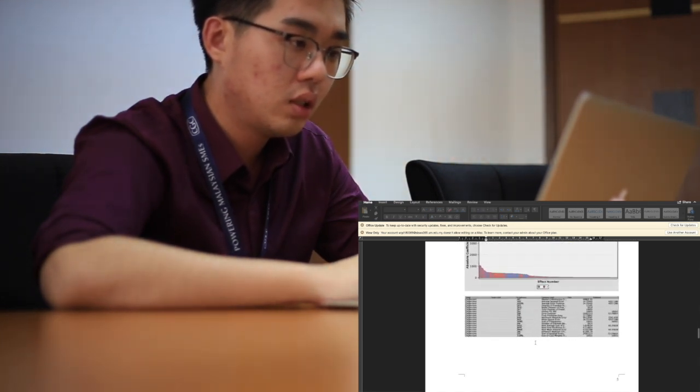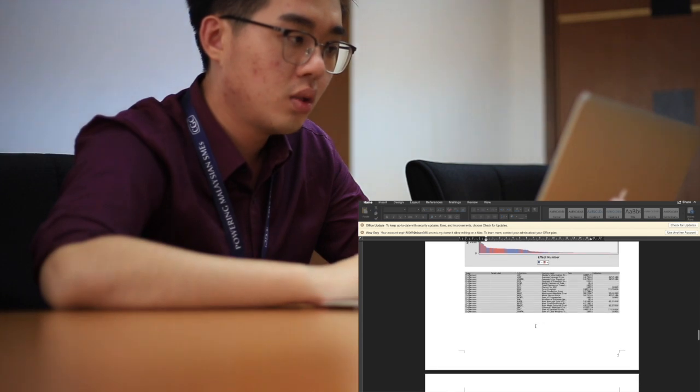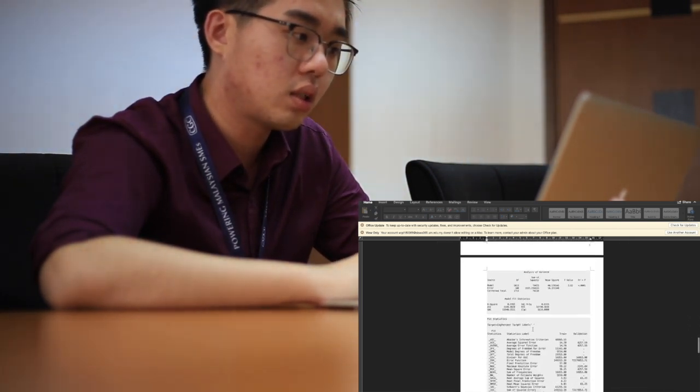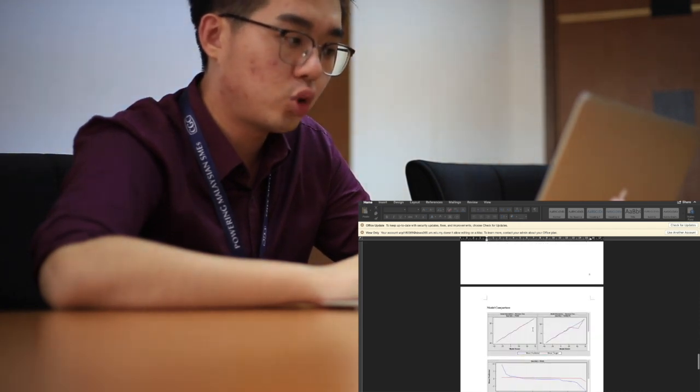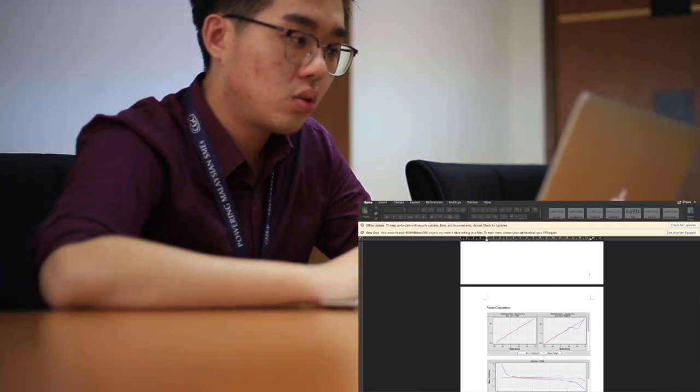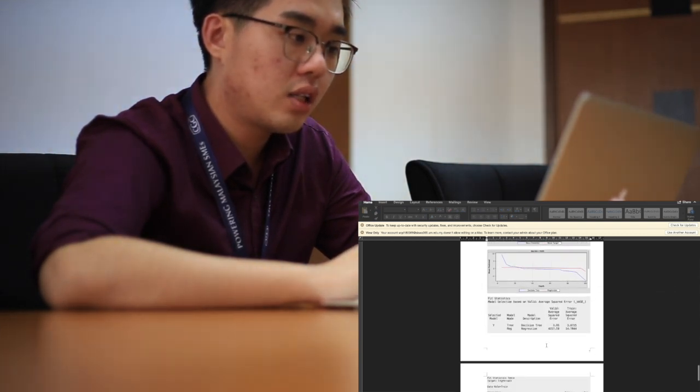As you can see, there is a statistic over here. We report the analysis of variance and the model fit statistics, so the comparison of the models between regression and decision tree is over here. There is a validation over here.